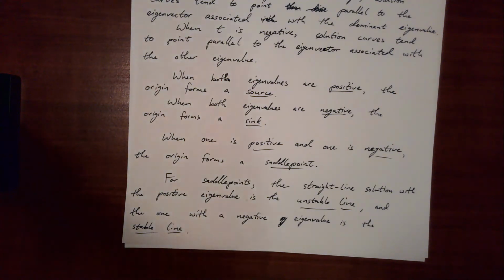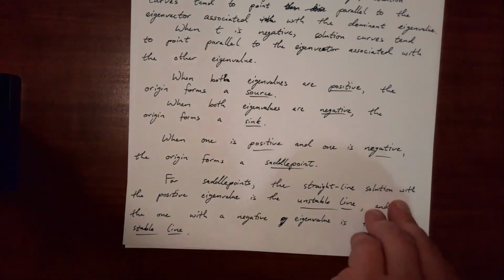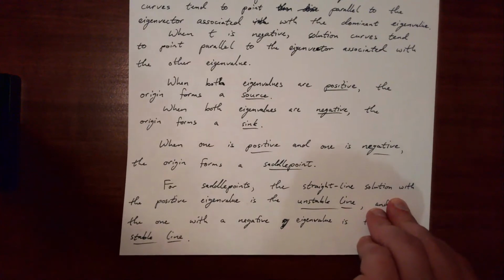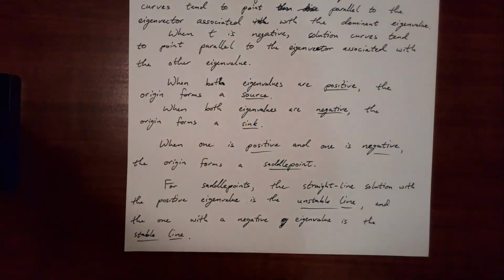And if it's one of each, then the solution curves come in towards the origin along one direction, and leave the origin along a different direction, and so it is called a saddle point. There is a saddle, and the line along which the solutions come into the origin is the stable line, and the line along which they leave the origin is called the unstable line.